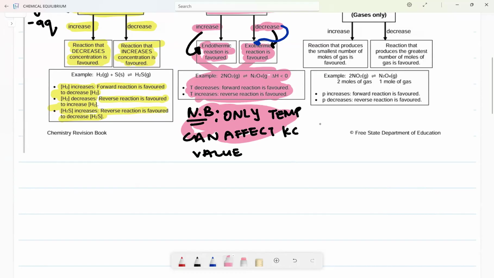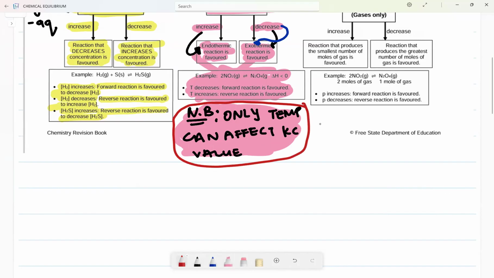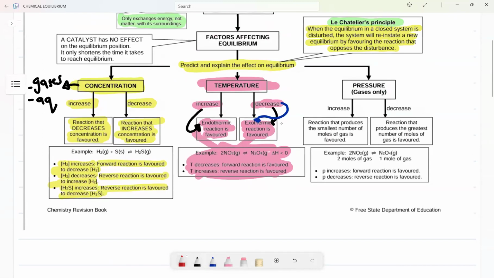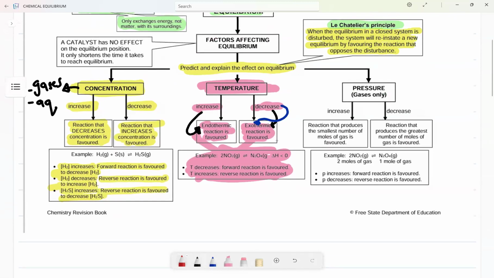I'm not saying only temperature can affect equilibrium. This one you will understand when I discuss Kc calculations. Let me remove it a bit, but just take note of that. They like to ask it in multiple choice. Now let's go to pressure. I don't know which highlighter to use.